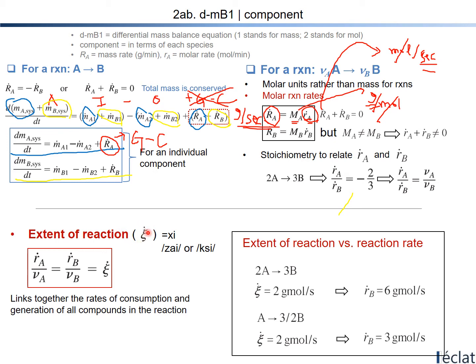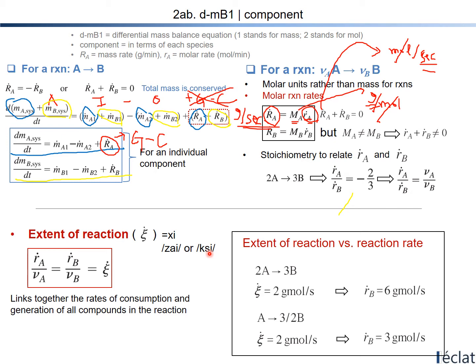This is the Greek letter. So xi is the extent of reaction. This is a kind of reaction rate. This Greek letter is pronounced sometimes one way, sometimes another. Anything is okay. So let me say xi.